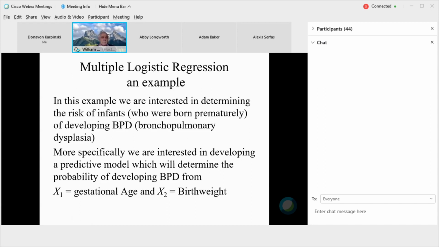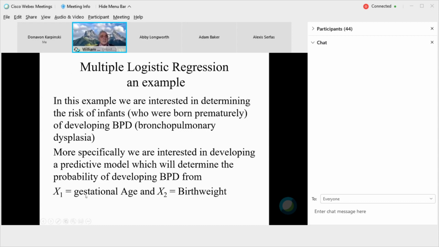An example. In this example, we're interested in determining whether a premature baby develops this condition, bronchopulmonary dysplasia. So we're interested in a predictive model which will determine the chance that a premature baby will develop bronchopulmonary dysplasia from its gestational age.